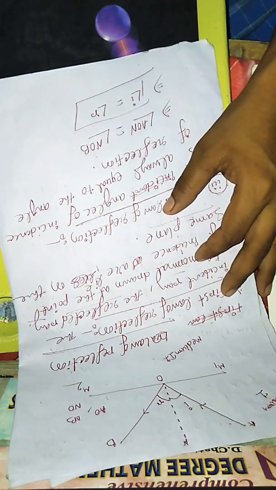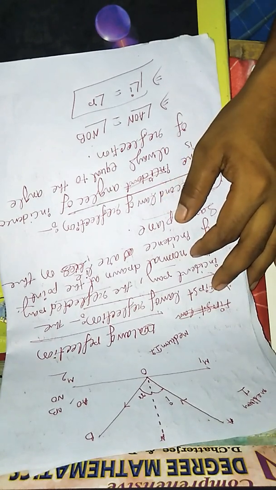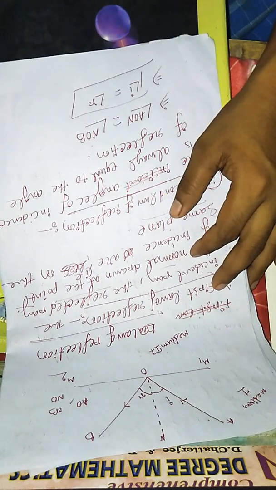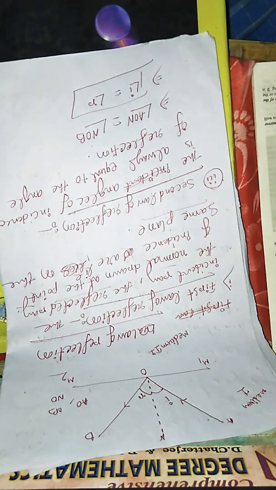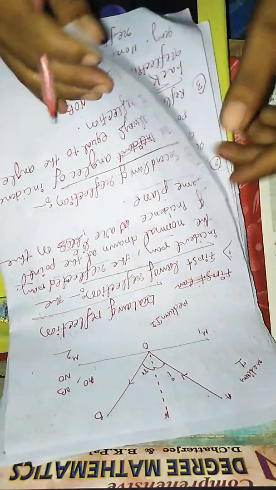Okay, this is a very important law. Many simple or short questions may be asked from this second law of reflection in your exam. And how may this question come? Let's write.